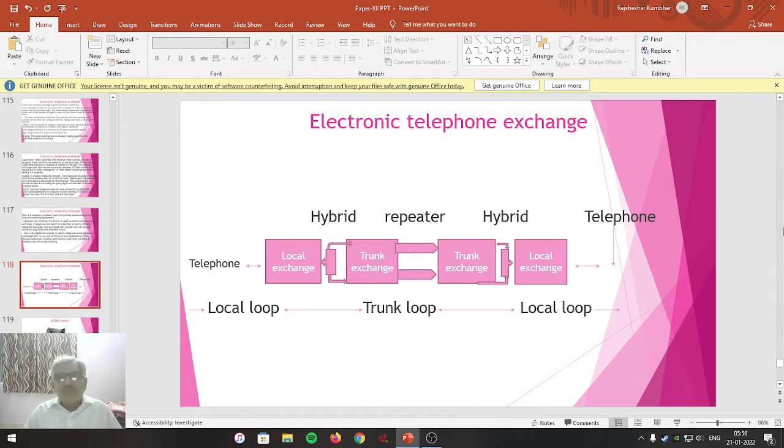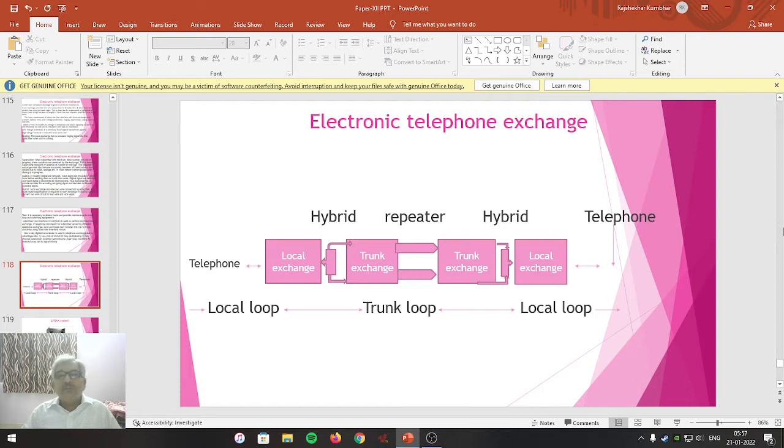It is an exchange that is used to handle the local calls as well as the trunk calls, and that makes use of battery feed, high voltage protection circuitry, test circuitry, hybrids, encoders, decoders, trunk line connectors, repeater.